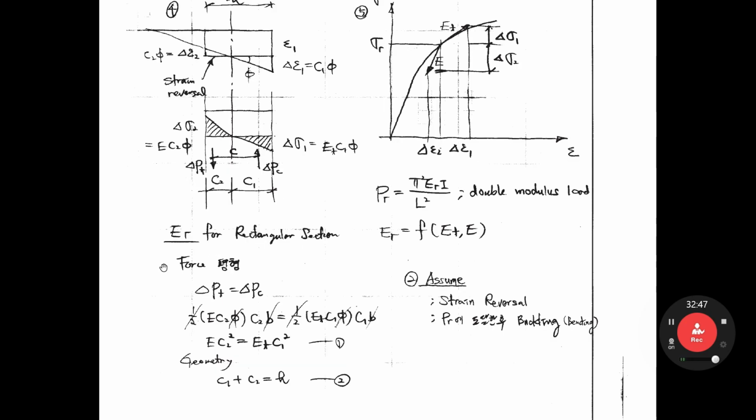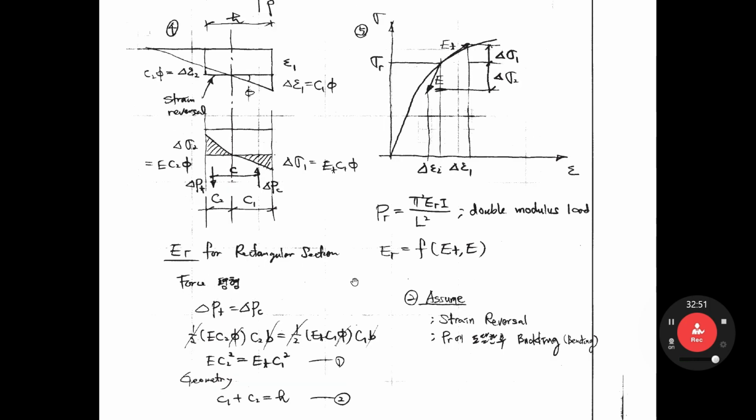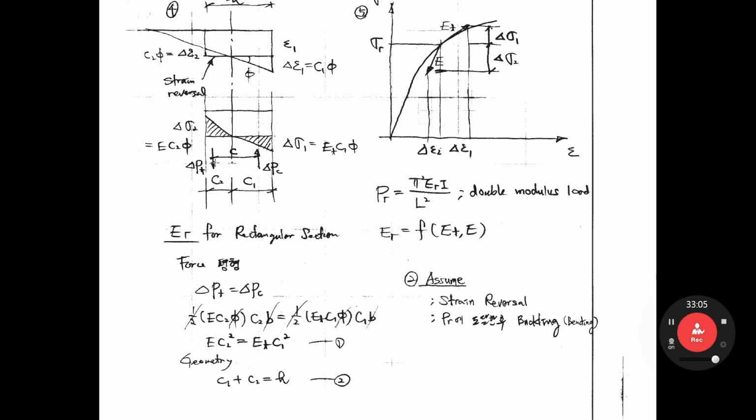Firstly, we consider force equilibrium. As you see, delta P_T must be equal to delta P_C. So delta P_T can be calculated by the area of this triangle. So 1 over 2, this height is E C2 phi, this length is C2, and B equals the width of this section.